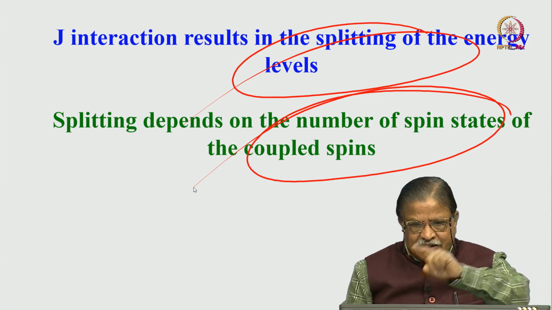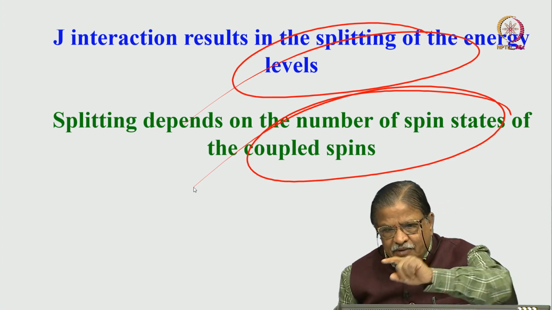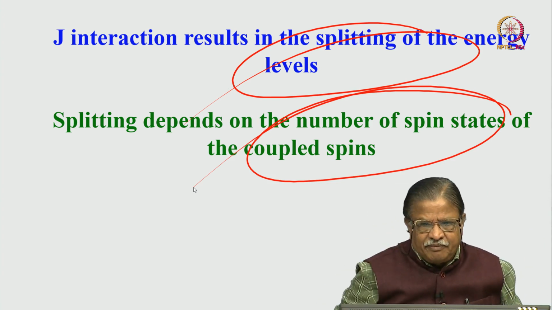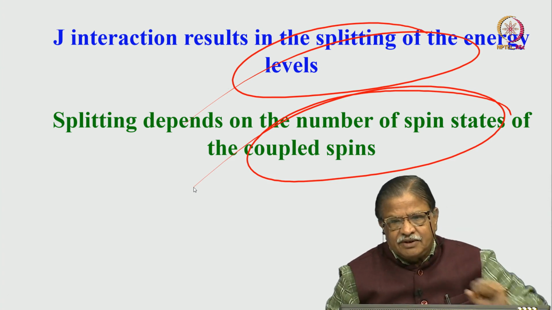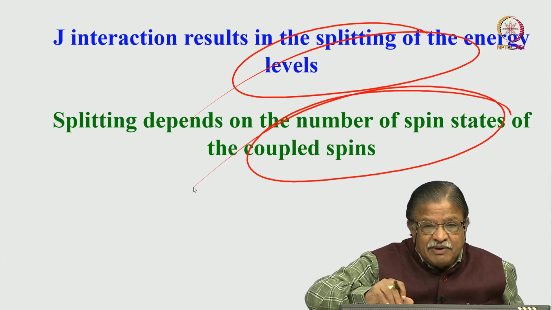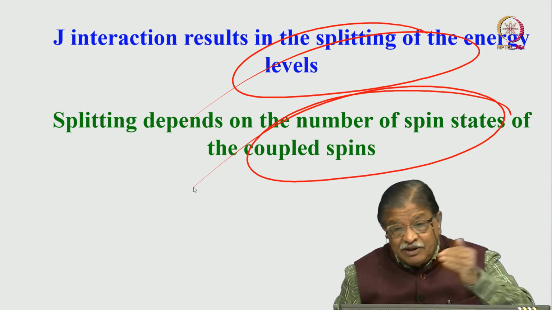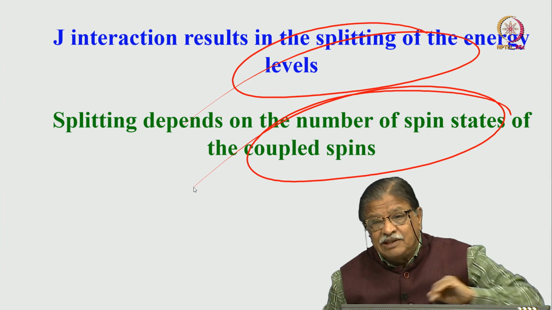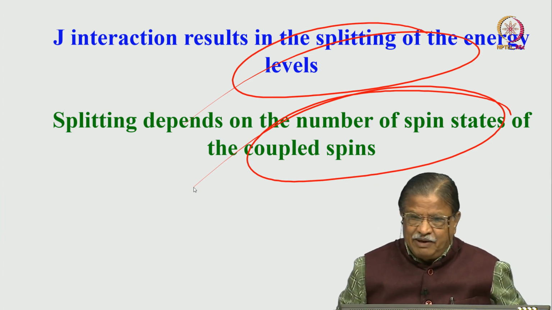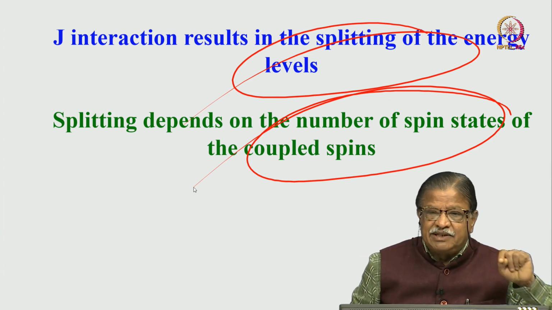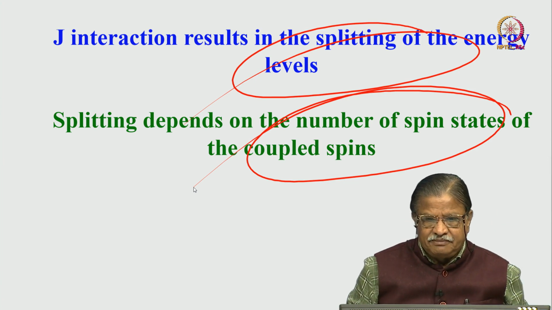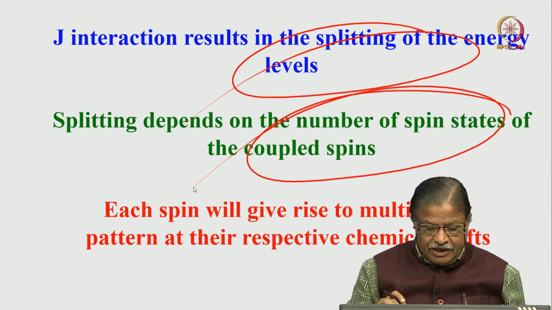If one is coupled to another proton, it may have 2 spin states, alpha and beta. If it is coupled to 2 protons, then there are 4 possible spin states: alpha alpha, alpha beta, beta alpha, beta beta. If it is coupled to 3, then you have 8 possible spin states. I explained this to you earlier. The number of possible spin states goes by 2 to the power of n. We will understand that now in more detail.